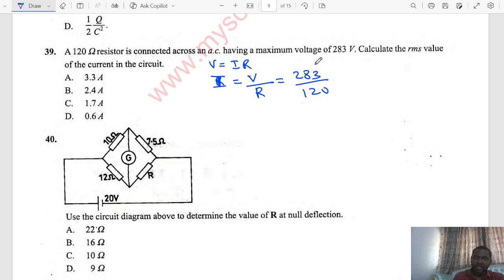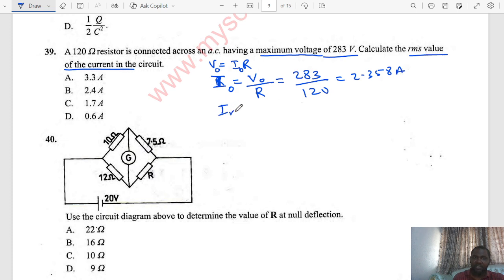So I'm going to write here 2.358, which is approximately 2.4. Now, if you notice, this is maximum voltage, and maximum voltage can only be used to get maximum current, because we are asked to find the RMS value of the current. So the maximum current is 2.358.